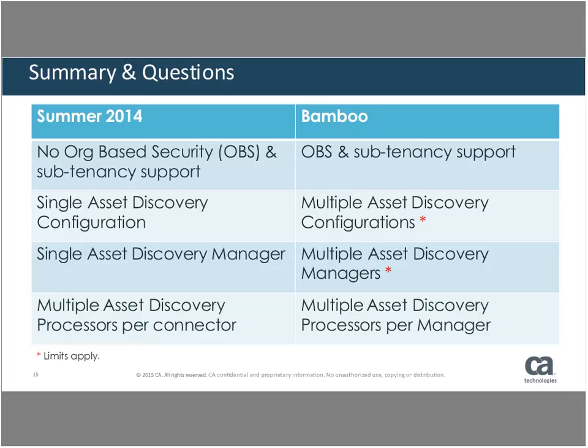To summarize what we have: organization-based security and subtenancy support, single asset discovery configuration to multiple asset discovery configurations, and single asset discovery manager to multiple asset discovery managers. We have multiple connectors available. You would see a star over there. That means that as part of the guardrail, we have some limitations which are applying, but it's not a showstopper.